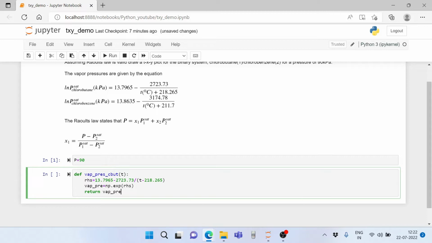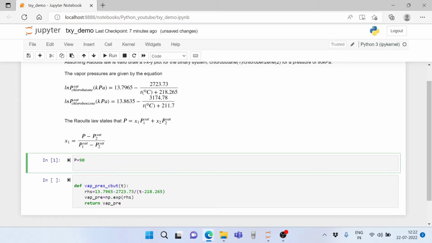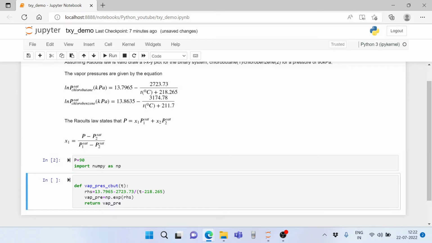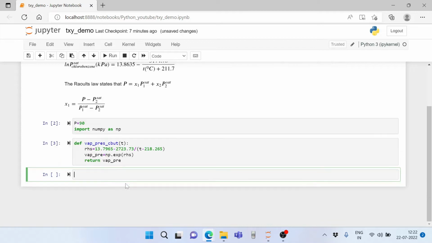Now NP is short for NumPy, so we have to import the NumPy library. So let's do it here. We import NumPy as np, and we run this, and that's it. So we are done with this model for the vapor pressure of chlorobutane.